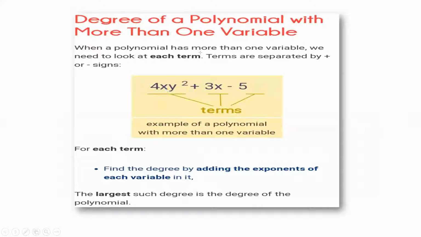In such kinds of cases, you have to add the powers. X is having no power mentioned, that means its power is 1. 1 plus 2, here we have to add the powers, we get 1 plus 2 is 3. So here the largest degree of the polynomial is 3. The degree is 3. Clear? What is the degree? The degree is 3.